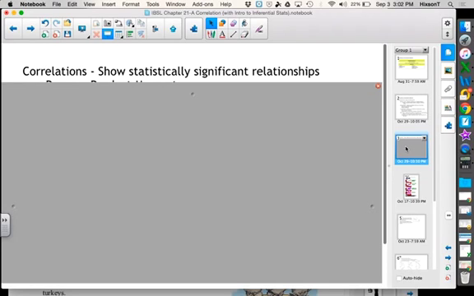For example, if I just picked 5 of you and I was trying to determine a correlation between something, height and GPA or something. If I picked the right 5 people, I could get a really good, strong correlation between height and GPA.